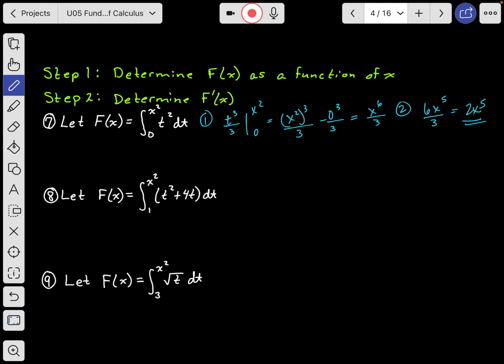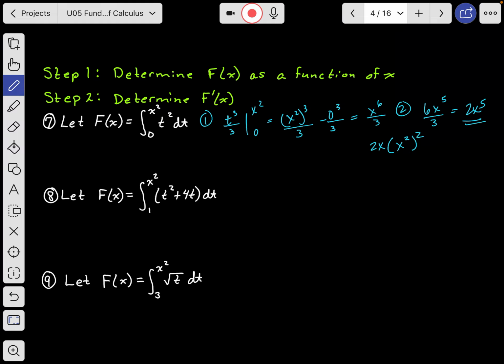Now this does not look like our original function, but we can manipulate this a little bit. What I can do is factor out, and I'll explain this in just a second. If I factor out a 2x, that will give me x squared squared.